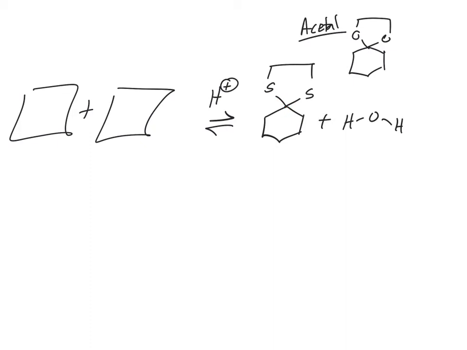If you take one step back, hopefully it's not a huge leap to realize, well, this was a ketone. There was a ketone there. And the other piece, if I'm thinking about breaking this, would be the sulfur and the H's. Now notice what I did.